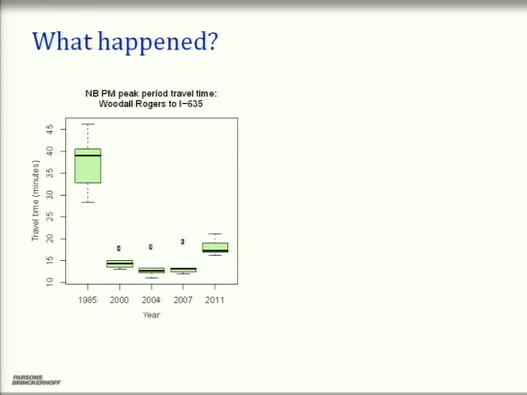And after we worked it and got the thing open in 1999, the travel time dropped to about 14 minutes. With no one else on the road, you can make it in 11. But with the road filled, you could do it in 14, despite filling the capacity on opening day. And it stayed that way all the way through 2007. People got more familiar with the roadway and everything.